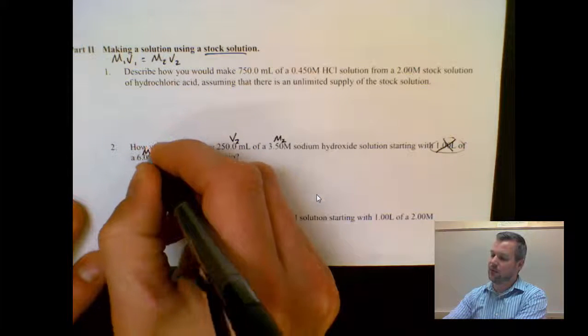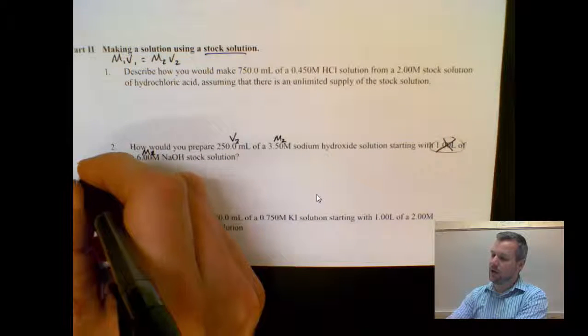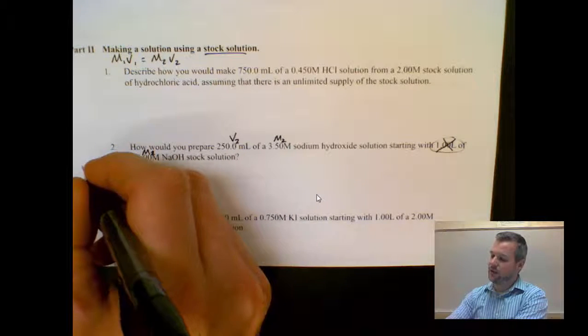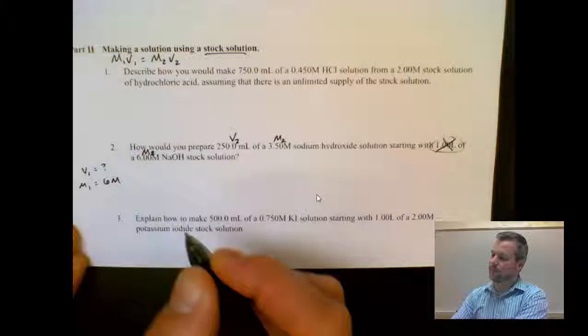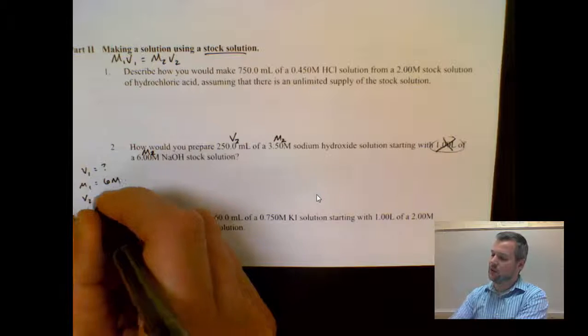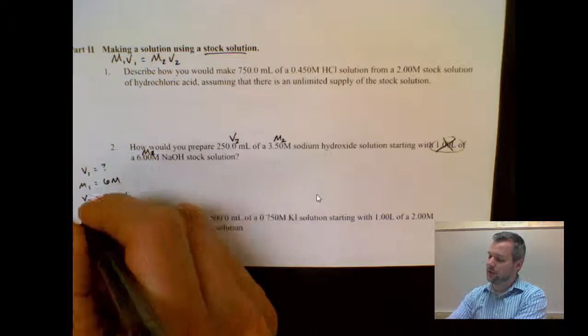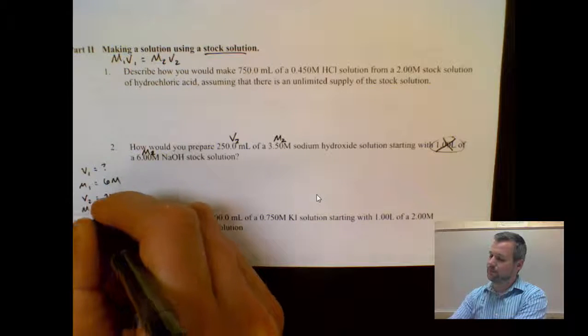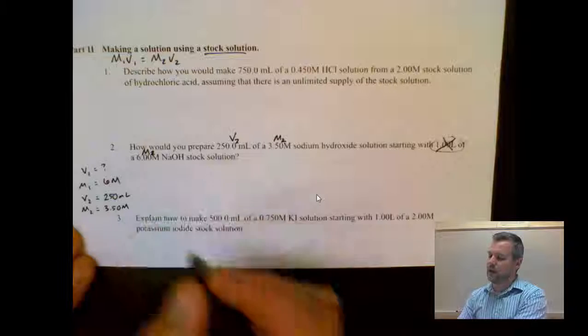So this is M1. We know V1 is our question mark, M1 is 6 molar, V2 is equal to 250 milliliters, and then M2 is equal to 3.50 molar.